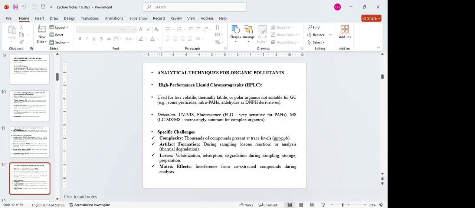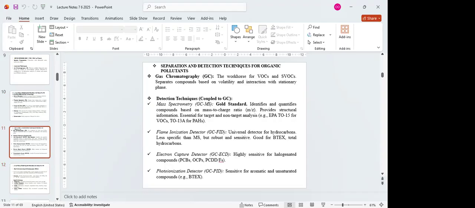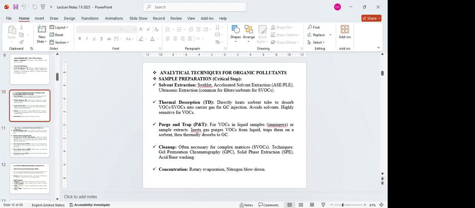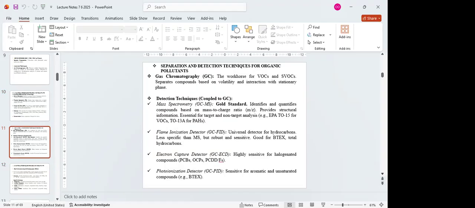So the other equipment that we have, which we have not talked about extensively right now, is the gas chromatography, or GC.